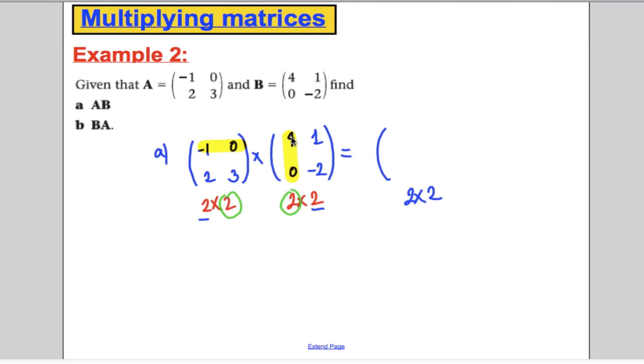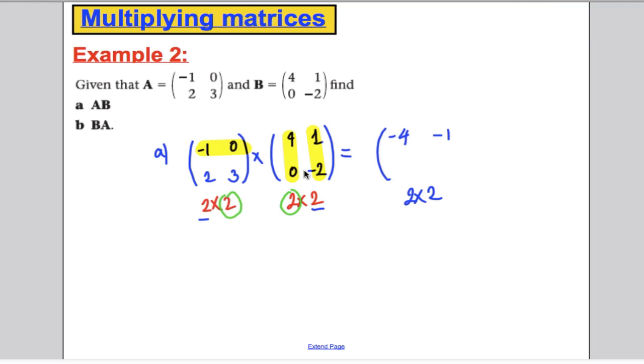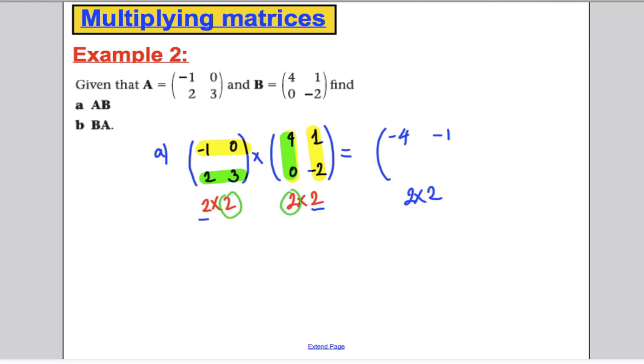Negative 1 times 4 is negative 4, 0 times 0 is 0, so that's negative 4. This one over here, I'm going to do that times that, so I'm going to get myself negative 1 times 1 is negative 1, 0 times negative 2 is 0, so I'm going to get myself negative 1. Then I'm going to go that times that, and I'm going to get myself 2 times 4 is 8, 3 times 0 is 0, so I'm going to get 8.